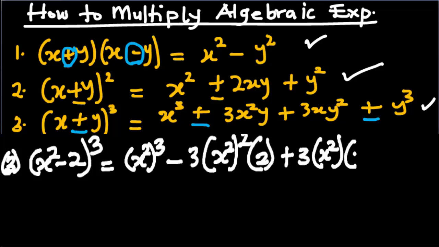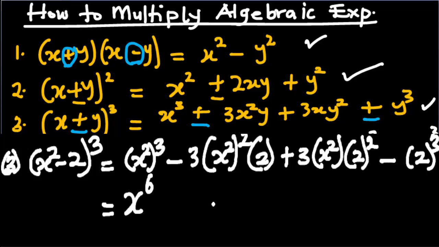We move on to the y, which is 2 squared, so minus y, which is 2 cubed. When we simplify this, we get x squared all to the power 3. We just multiply the exponents.